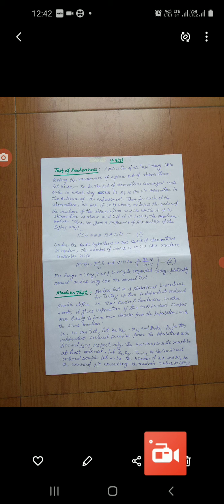Now we will discuss the second topic, that is the median test. This is a very important test. Median test is a statistical procedure for testing if two independent ordered samples differ in their central tendencies.